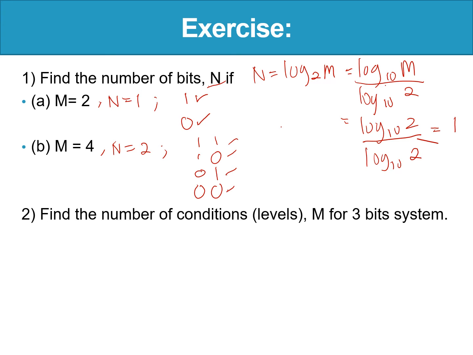So this is another example. Find the number of conditions or levels M for a 3-bit system. So N equals 3 bits.